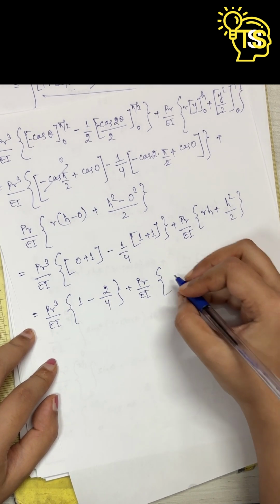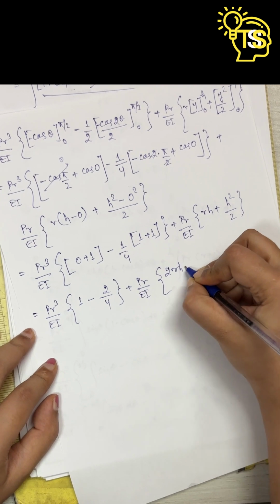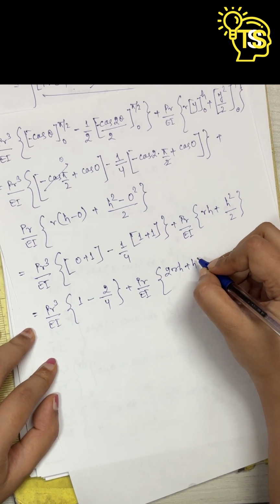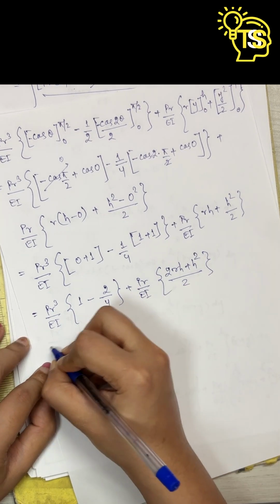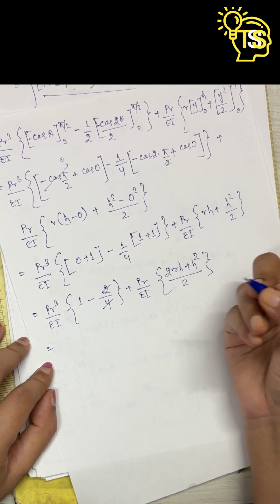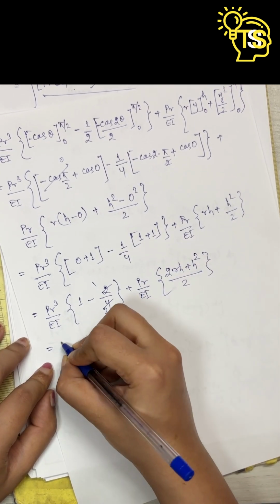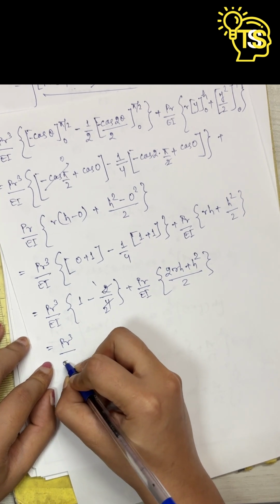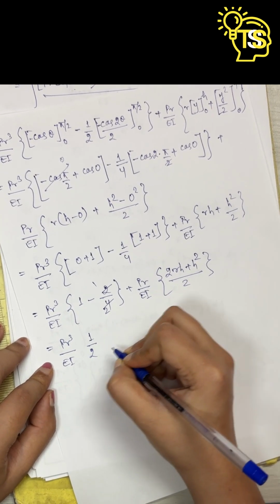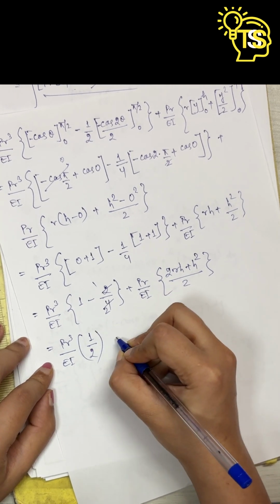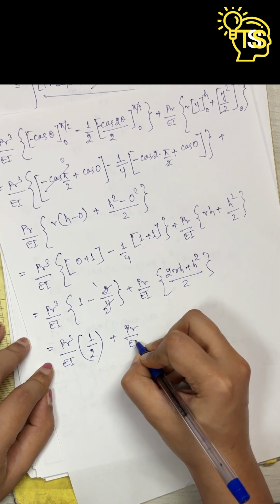Taking 2 as LCM, we will get 2 R h upon 2 plus h square upon 2. Here 2 by 4 gets cancelled to 1 by 2. We will get P R cube into 1 by 2 plus P R EI.